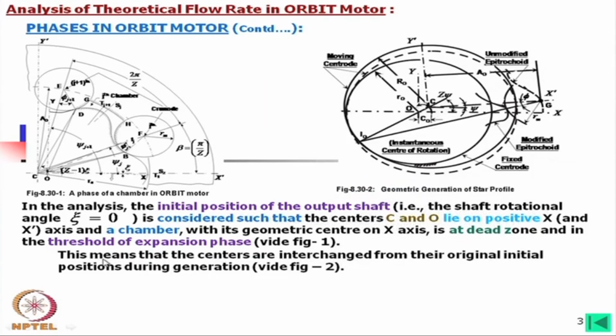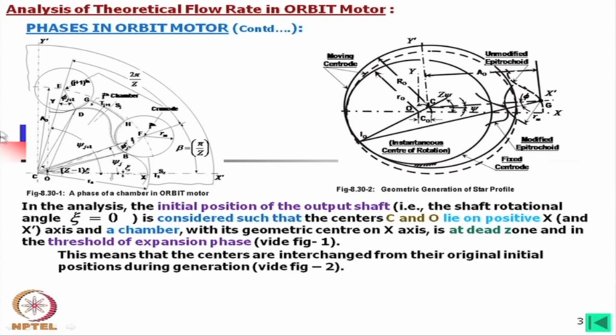Now, this means that the centers are interchanged from their original initial position during generation. In the previous lecture I explained how this generation is done. In that generation technique, initially the center of the star, the fixed centroid for the star, was here, and the center of the ring gear or envelope was here.